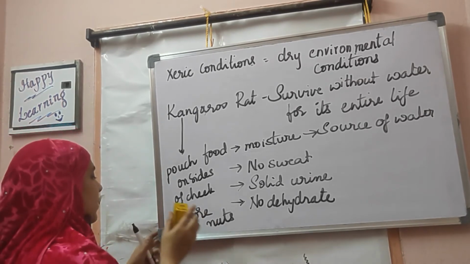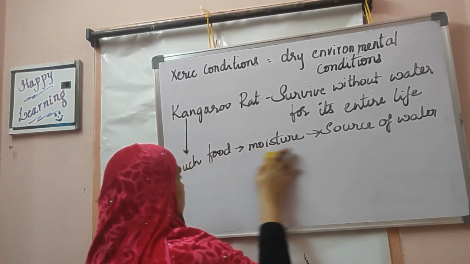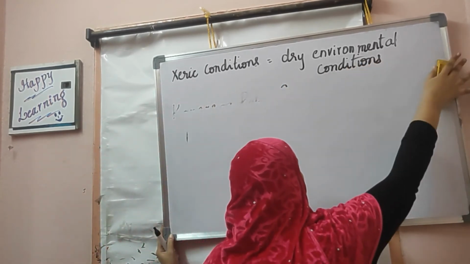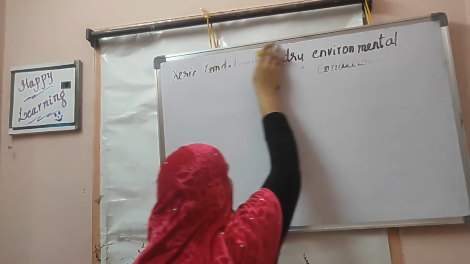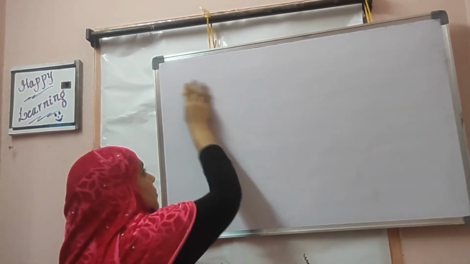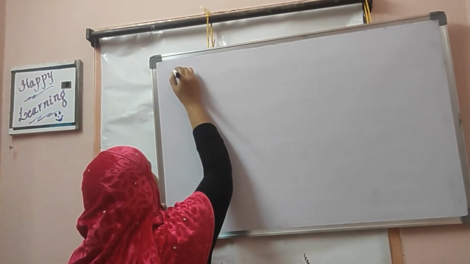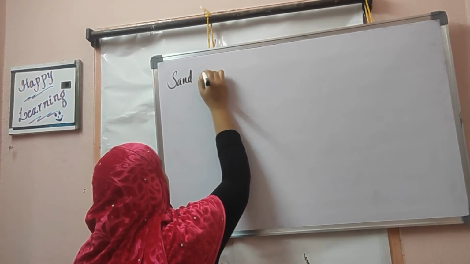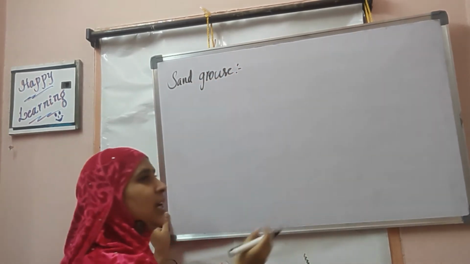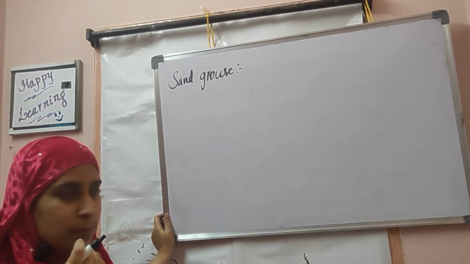Next organism, sand grouse. Sand grouse is a bird that looks like a pigeon, equal to the size of a pigeon. It has a small pouch on the lower side of its beak.